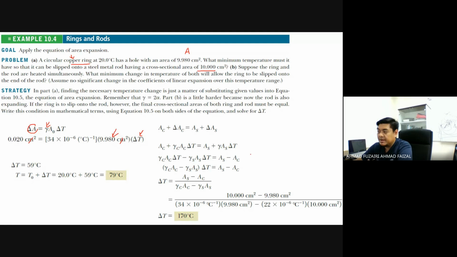Don't bother about the mathematics here, but just focus on delta A equivalent to gamma A naught delta T to get the value. You can do some mathematics here, but don't bother much about it, because it's just a matter of a very small change in value.